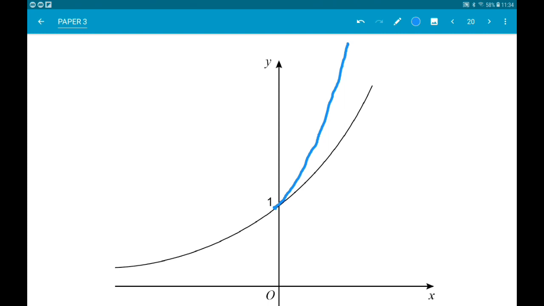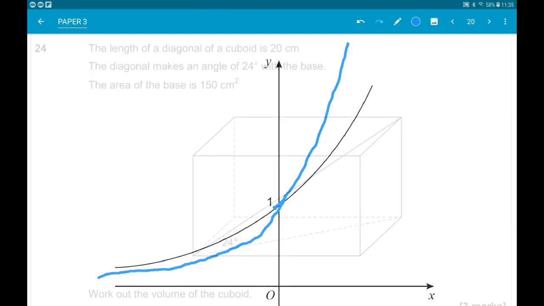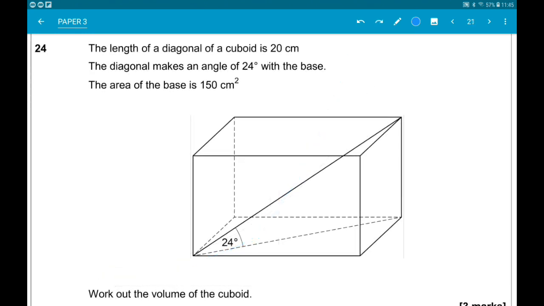Again, 3 to the minus 2 means 1 over 9. 2 to the minus 2 means 1 over 4. 1 over 9 is smaller than 1 over 4. So it also gets smaller quicker, like that.